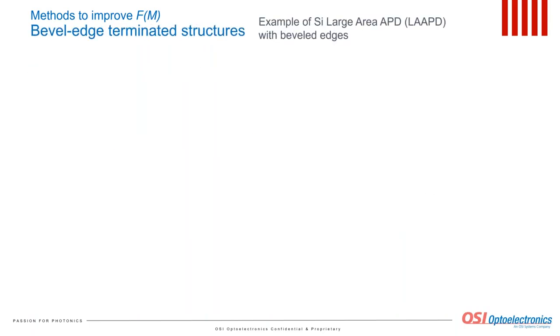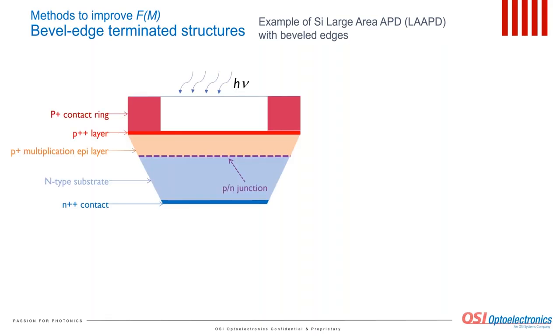Let's consider one more example of how adding certain structural elements allows us to reduce the F factor value. We will proceed with the bevel edge terminated large active area silicon APDs. This image shows schematically a silicon large area APD structure with a top P++ contact. The P+ multiplication epi layer is fully depleted under reverse bias.